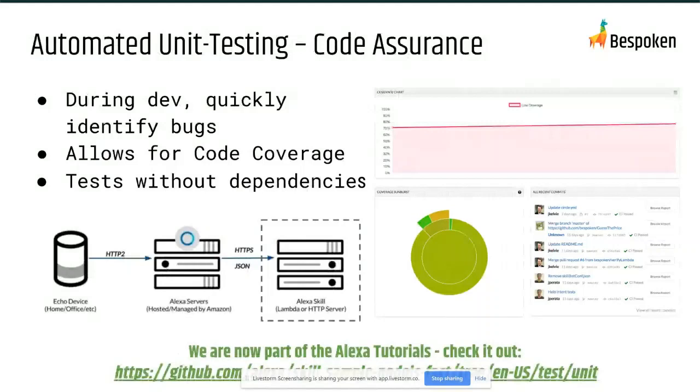The unit testing, which we're going to go into more depth on with our demonstrations today, is really about creating tests that can be run in an automated fashion, making sure the code is working right. What we do with this is we actually emulate the behavior of Alexa or Google Assistant, which we support also.